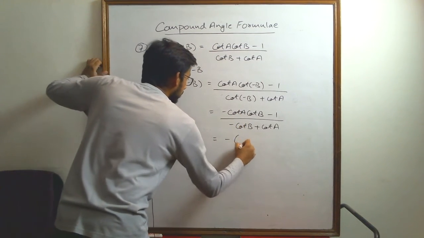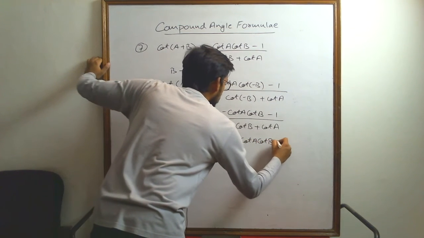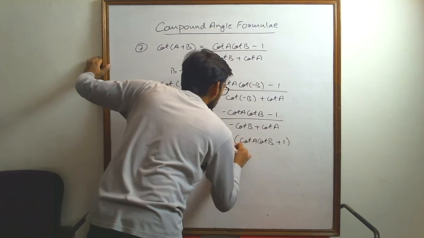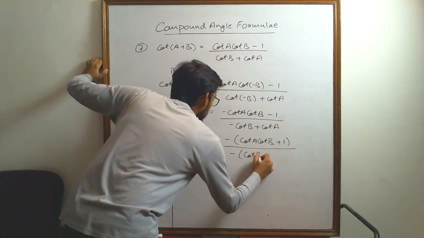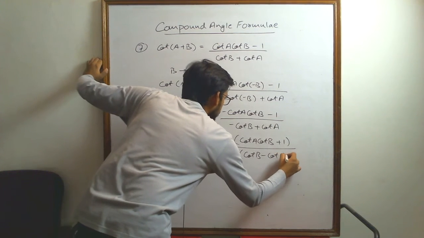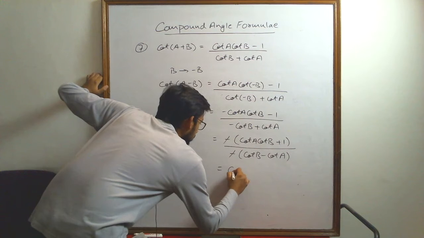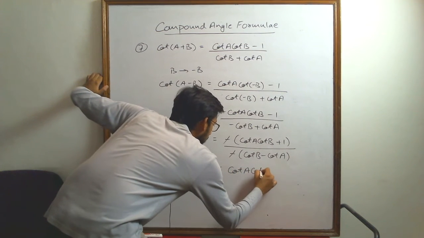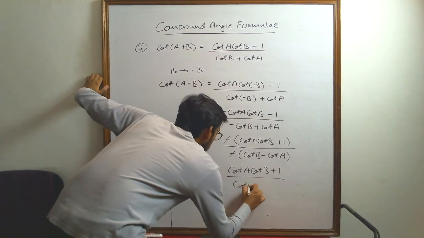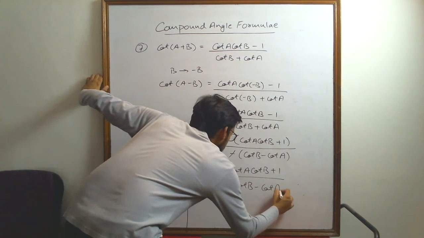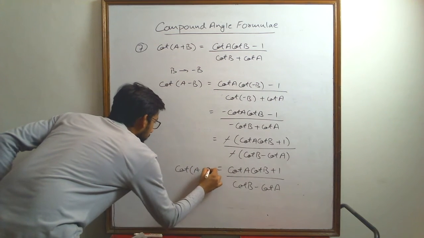So we get minus cot A cot B plus 1 upon minus of cot B minus cot A. Minus minus gets cancelled. So we get the formula as cot A cot B plus 1 upon cot B minus cot A. This is the formula for cot A minus B.